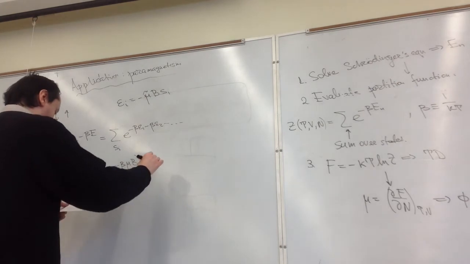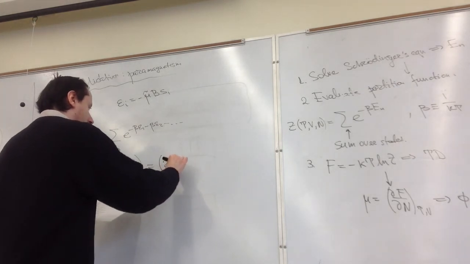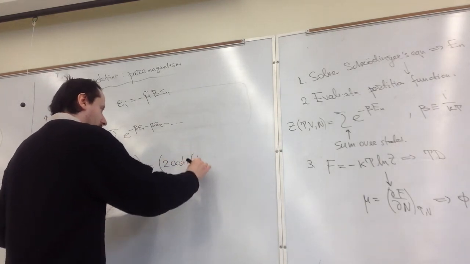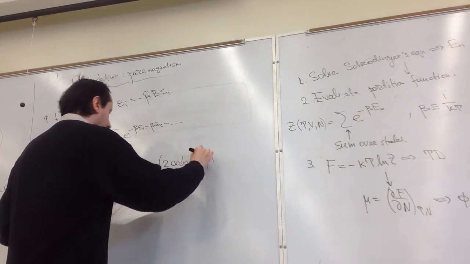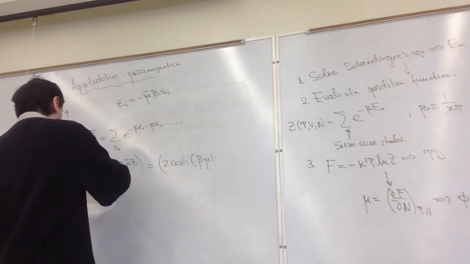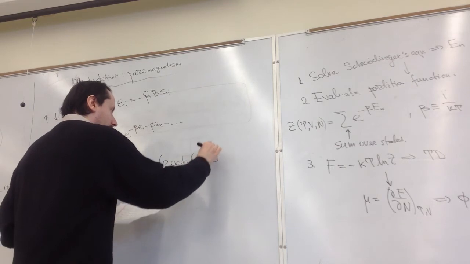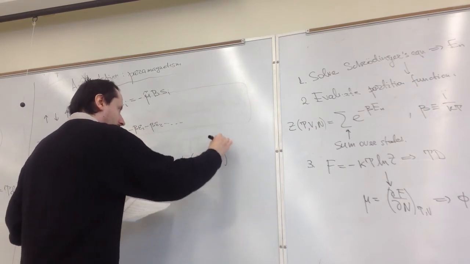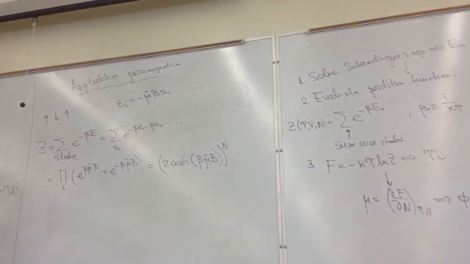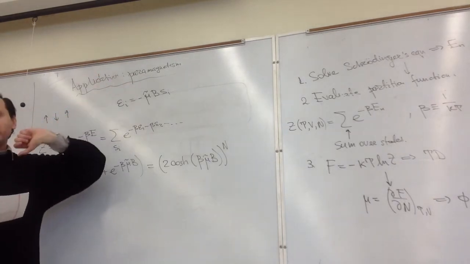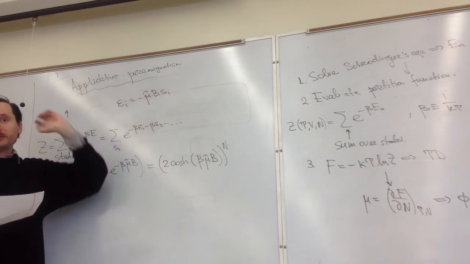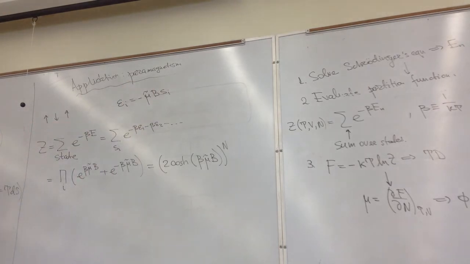And this becomes 2 hyperbolic cosines of beta mu, sorry, mu tilde B, to the power of N. That's exactly the problem which we solved before. But before I was telling you that this energy is equal to epsilon, minus epsilon. But now, instead of epsilon, we have this mu tilde times S.